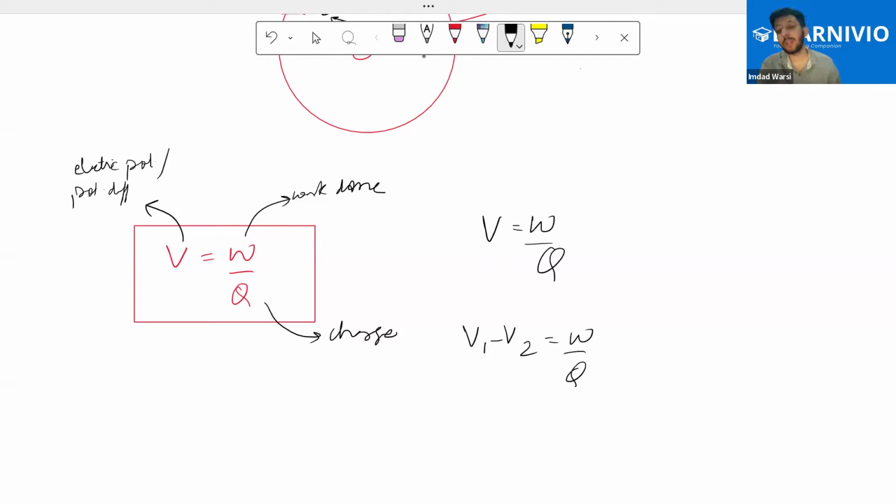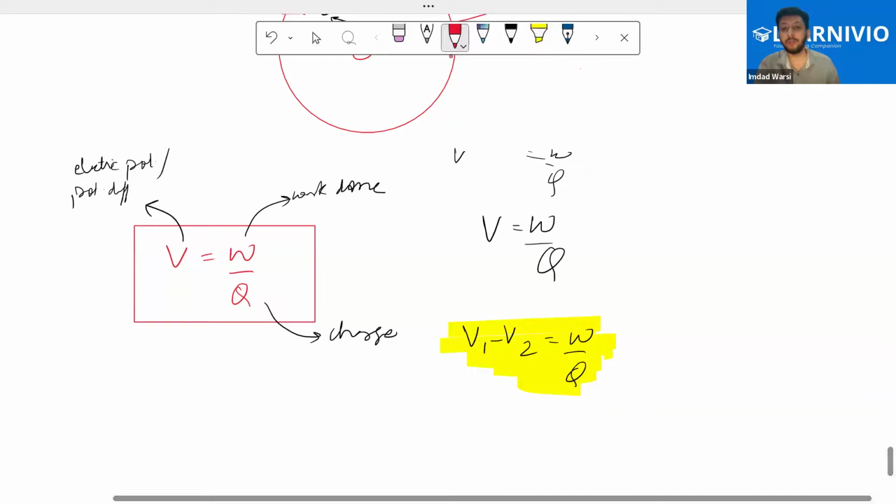Here also I could have said V minus 0 is equal to W upon Q, because this 0 defines infinity, which need not be written. So I only write V. But here I have that second fixed point, so I write V1 minus V2 is equal to W upon Q. This we write when we talk about potential difference, and this we write when we talk about electric potential.